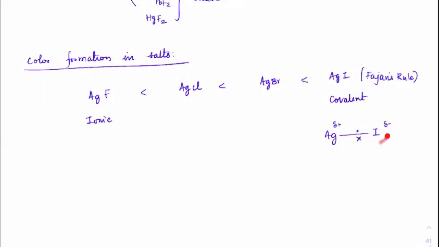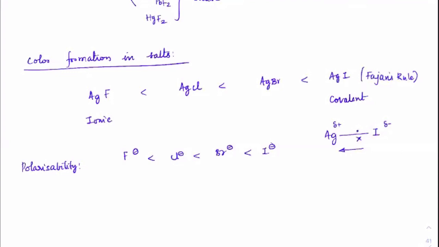Among ions like F minus, Cl minus, Br minus, and I minus, which is the most polarized? I minus will have the most polarizability. What do you mean by polarizability? Its tendency to push electrons towards the positive side. Is this clear? So I minus will have more tendency to push electrons towards this positive side.